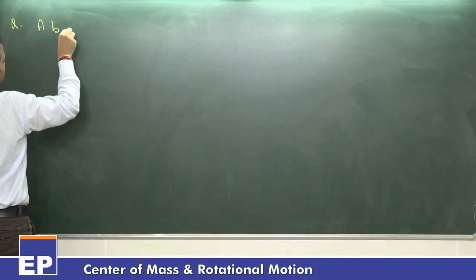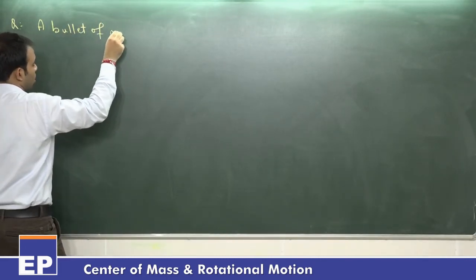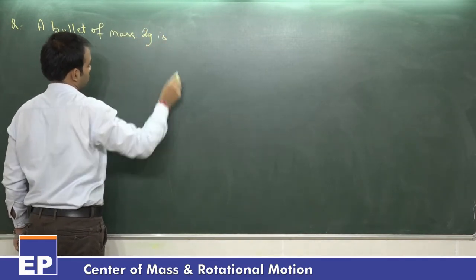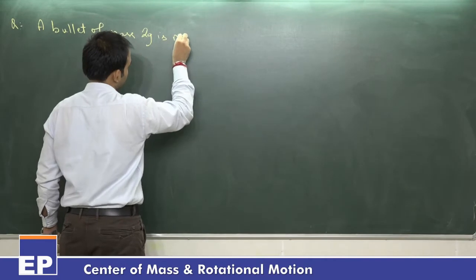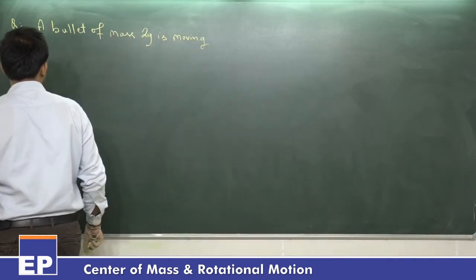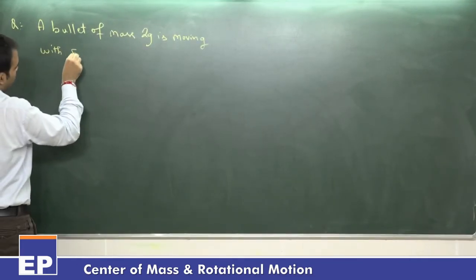A bullet of mass 2 gram is moving with 500 meter per second.